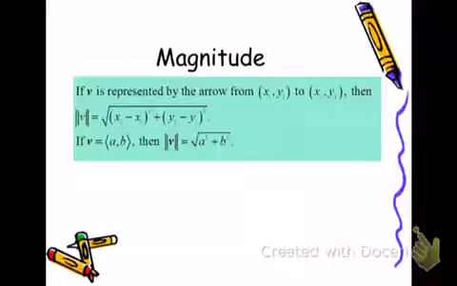If V is represented by an arrow from x1, y1 to x2, y2, this is what we just looked at, right? Yes, 2 points, a vector between 2 points. Wait, why is there 2 absolute value things? Is that what that is? Yes. Why?